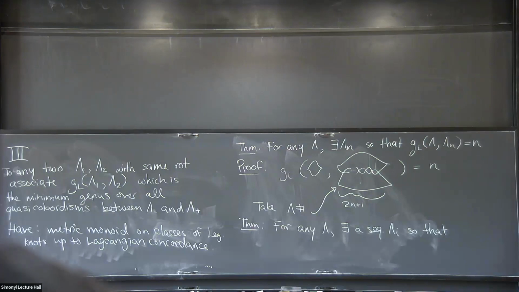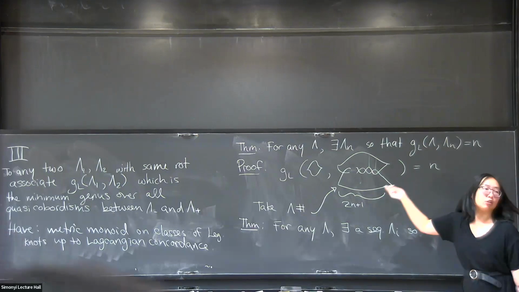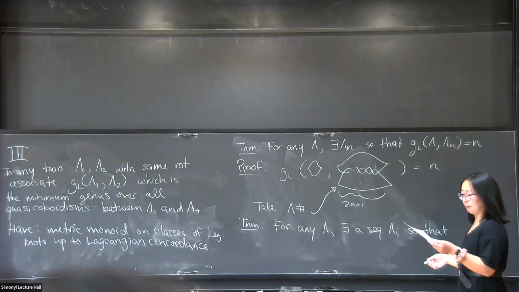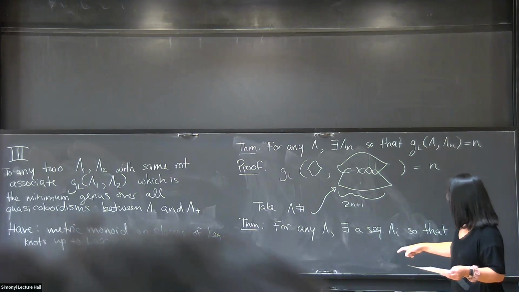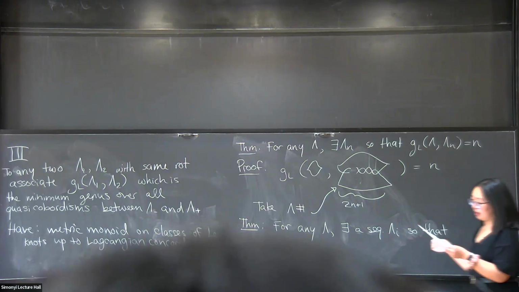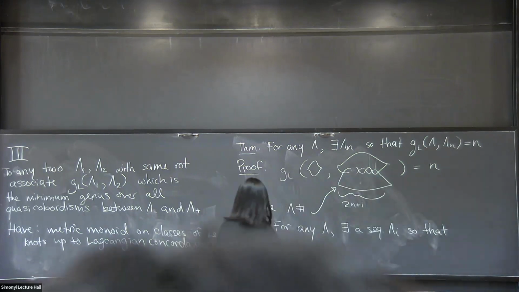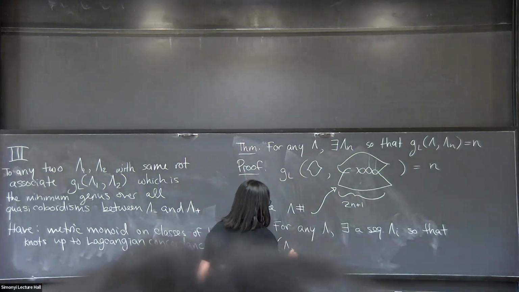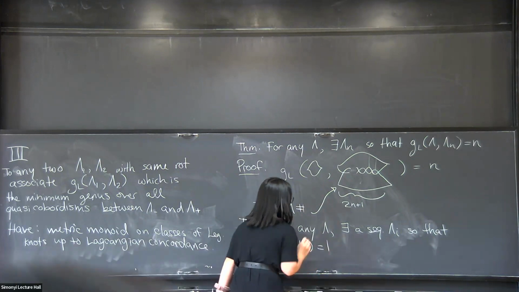Oh, yes. So I constructed the cobordism, so it must be the minimum genus. So for any lambda, there's a sequence of lambda I, so that G L of lambda I is 1 for all I.